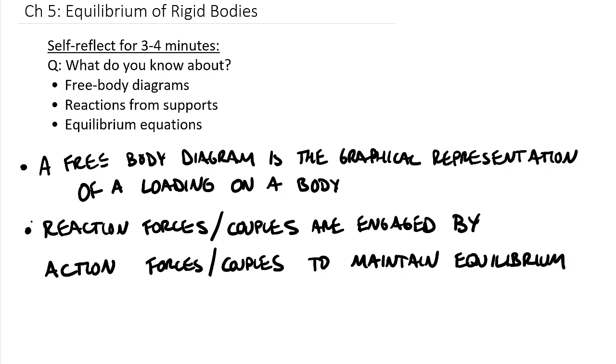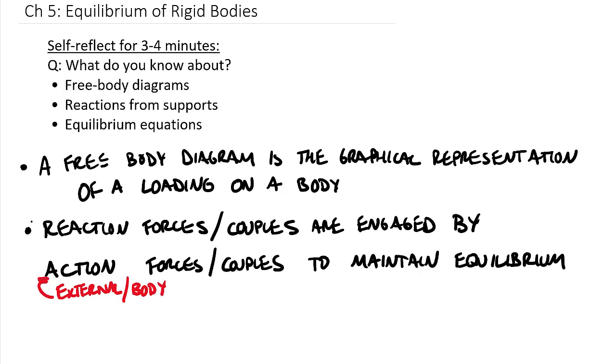And the reason that I write out this statement, it may seem a bit obvious, but what we're talking about here is that there's certain forces and couples. These action forces are external and or body forces.